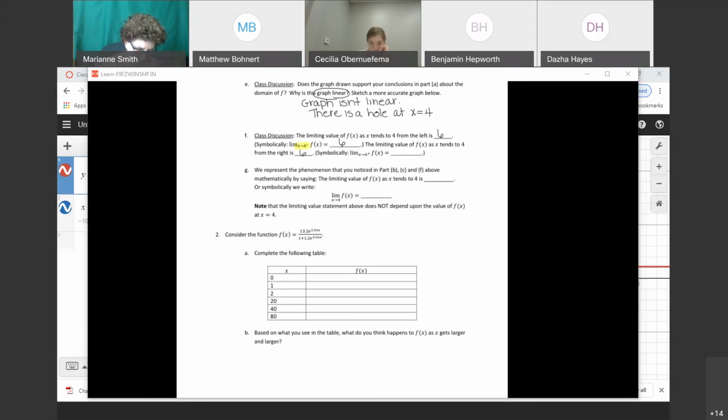And here's the notation for that. So basically, you would say, since the left-hand limit and the right-hand limit match, you could say the limit as x approaches 4. Notice there's no left or right here, no plus or minus, because the values are the same.